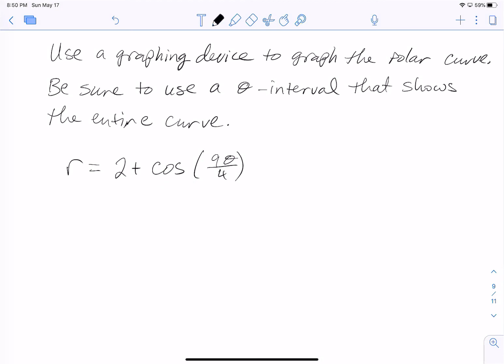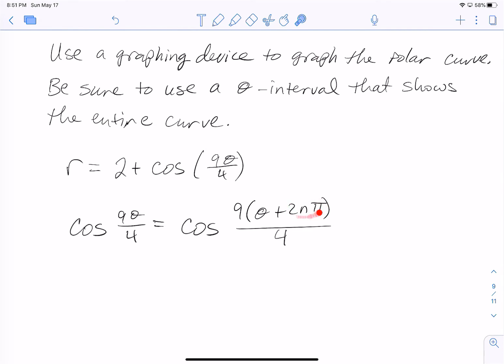So what we're looking for is a value for n for which the cosine of 9 theta over 4 is equal to the cosine of (9 theta plus 2n pi) over 4. This 2n pi is coming about because theta plus 2n pi is coterminal to theta for any integer value of n.